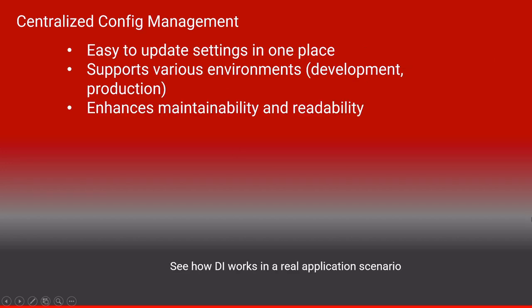Finally, let us discuss the benefits of using appsettings.json. Having a centralized configuration file allows for easy updates and modifications. You can switch settings based on the environment, development, testing, or production without altering your code base.